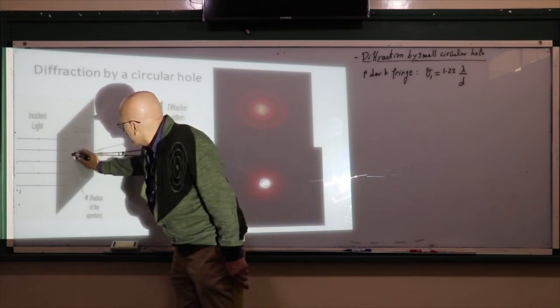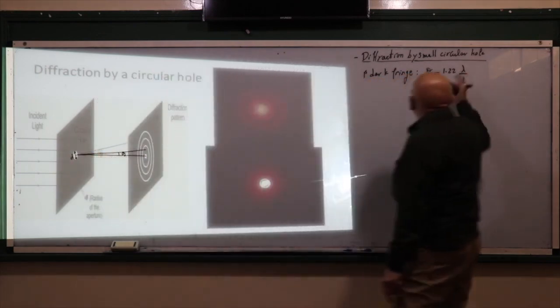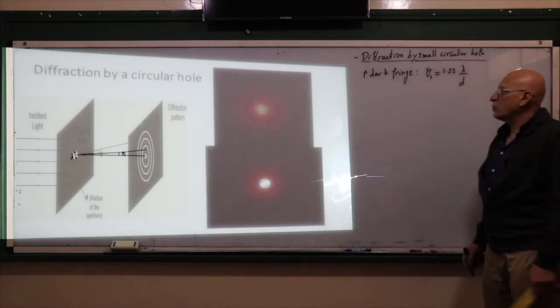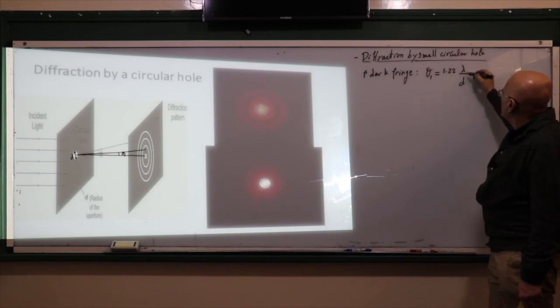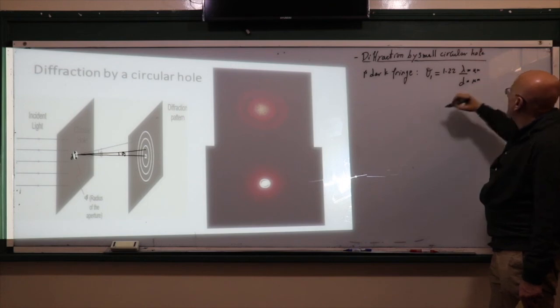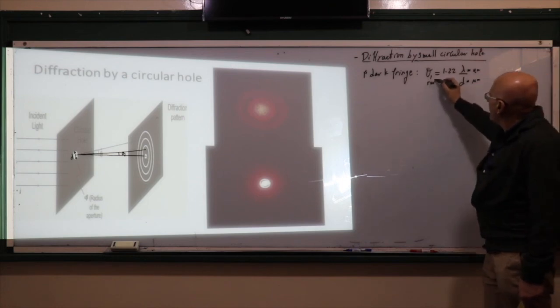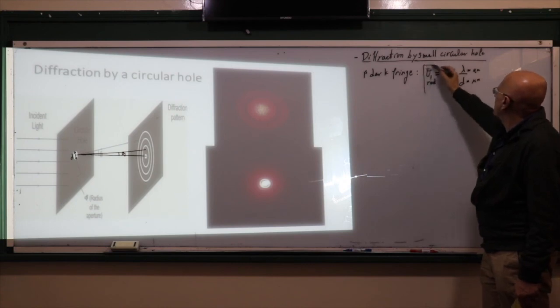This is d. Lambda is the wavelength of the monochromatic light. This must be of the same unit, meaning if this is meter, this is meter, or micrometer, micrometer, and the angle theta 1 is in radian.